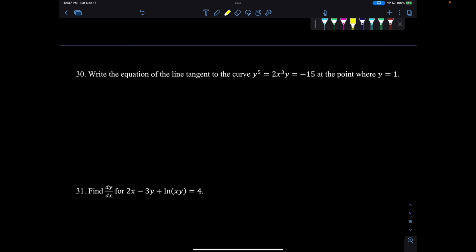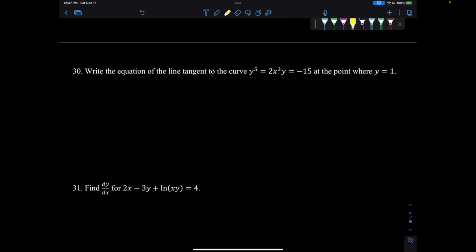Write the equation of the line tangent to the curve at the point where y equals 1. Now, what in the world is happening here? My guess, oh no, this could have been a plus. That seems like the most likely thing because shift equals is plus. But this could be a plus or this could be a plus. I'm going to say this is the plus. Does it make a difference?